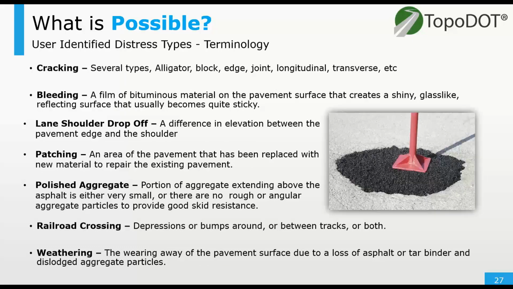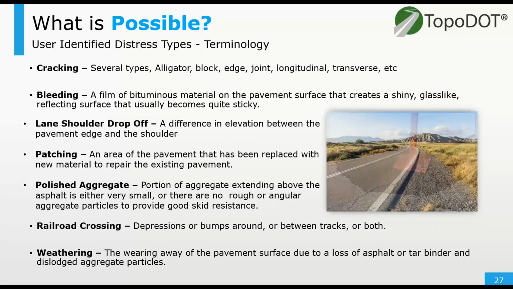For the smaller items or the more difficult ones to automate, that's going to be user identified, and we're talking cracking, bleeding, patching, things like that are not going to be as easily measured in the LiDAR data. So for cracks, we'll definitely need to rely on the imagery, which we're going to see later on.